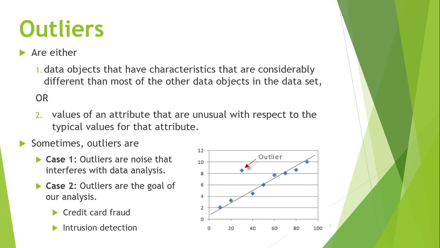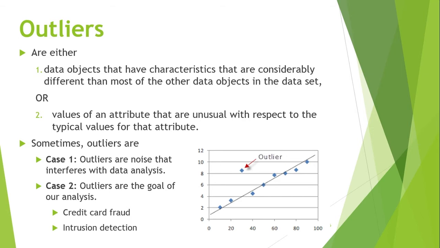Alternatively, we can speak of anomalous objects or values. There is considerable leeway in the definition of an outlier, and many different definitions have been proposed by the statistics and data mining communities. So this is not just the only definition, kahit do sa ibang terms natin.